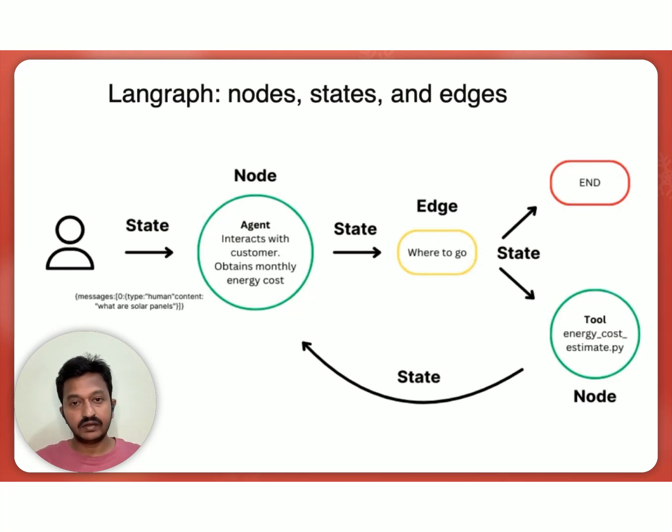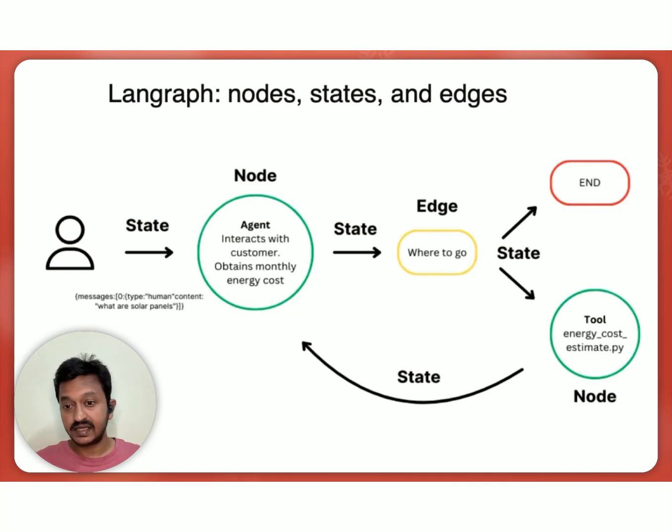While building with LangGraph, you need to understand three basic components, that is nodes, states, and edges. So as you can see in the image here, right? State basically represents the context or memory that is maintained and updated as the computation progresses. And then come the nodes.